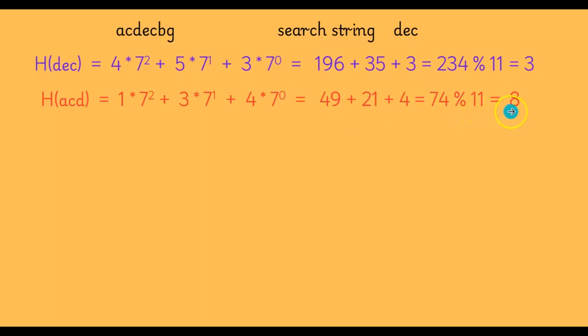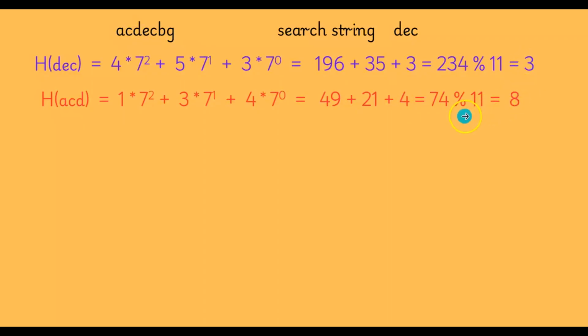You get the hash value 8. So you compare these two hash values. As these two hash values do not match, we assume that the given search string does not appear in the first 3 characters. So we will compare the characters only when these two values match.